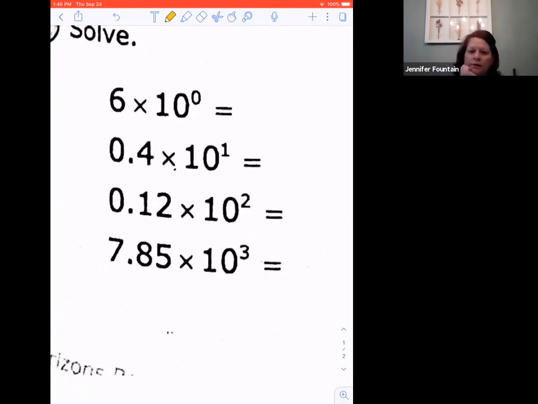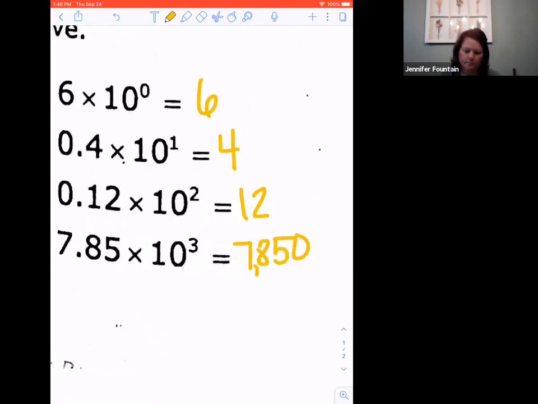Look at 0, 1, 2, and 3 as my exponents and think about where you're moving your decimal. And once you're done, check your answers.